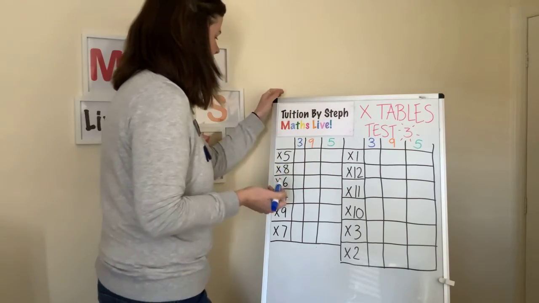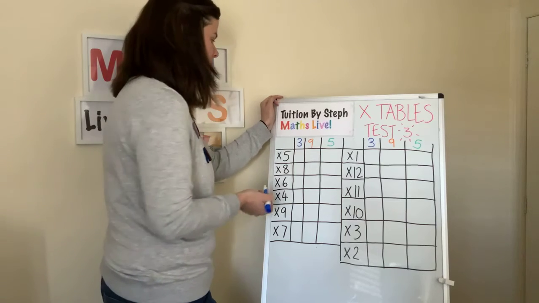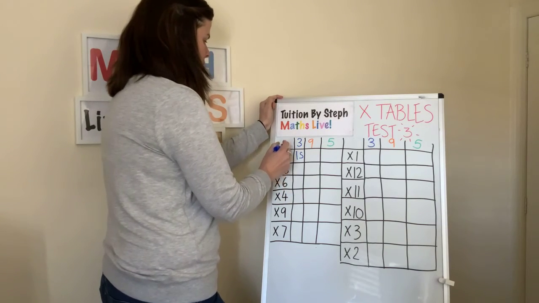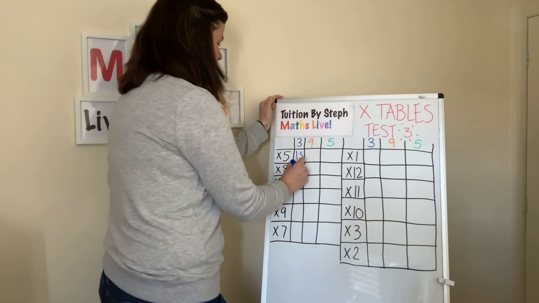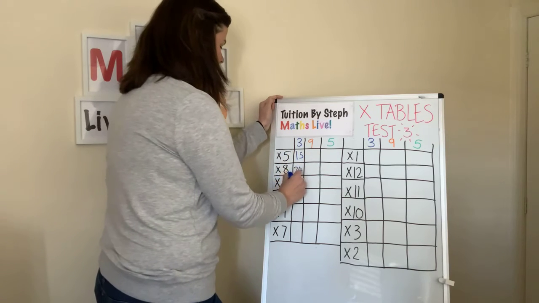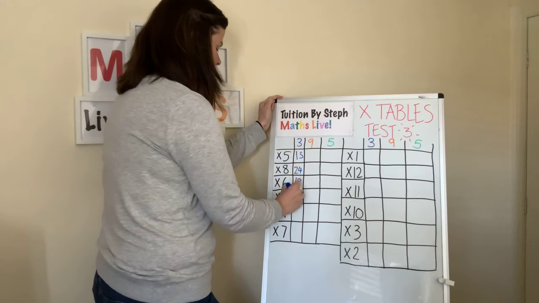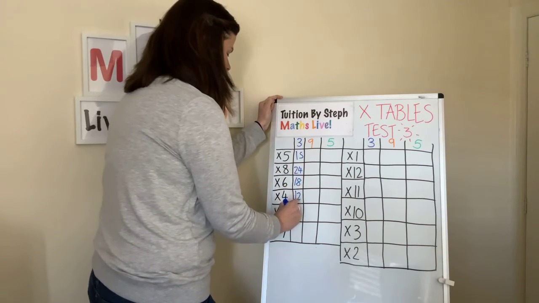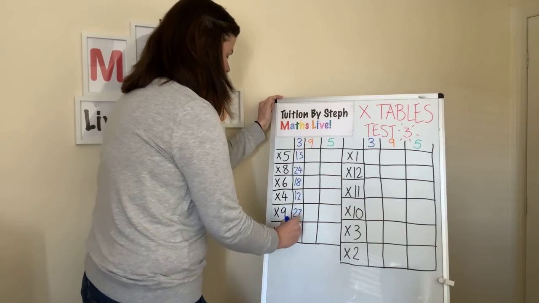Okay. So start with the threes. So 3 5s are 15. Okay. 3 8s are 24. 6 3s are 18. 3 4s are 12. Okay. 3 9s are 27. 3 7s are 21.